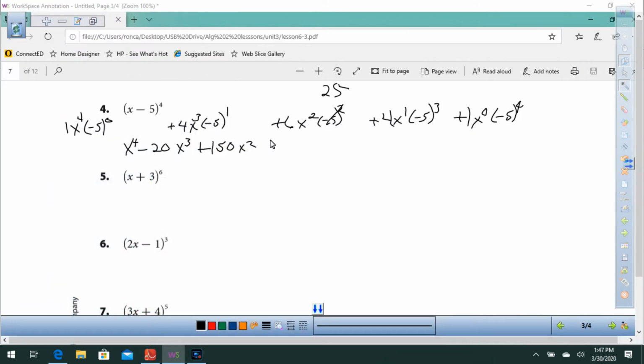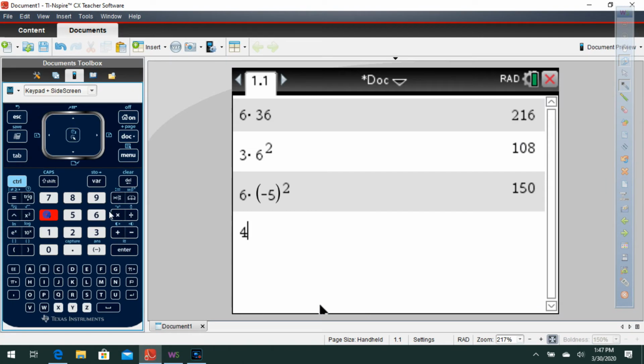Worked out good. And oh, now we've got 4 times, that's negative 5 to the 3rd power, that's negative 500.